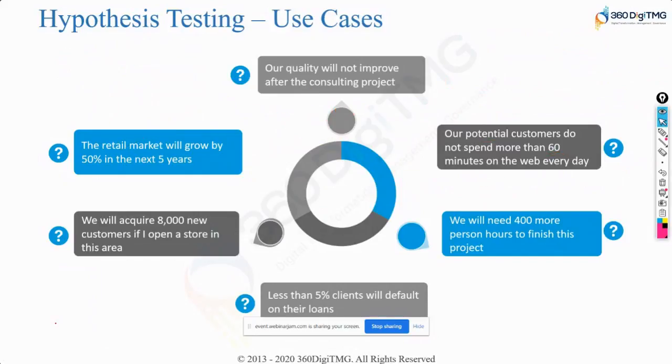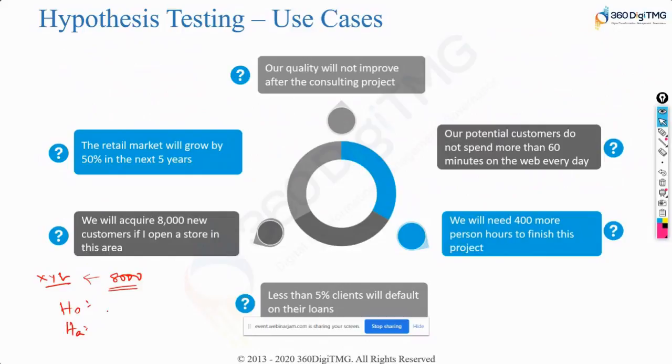Next example. We will acquire 8,000 new customers if I open a store in this area. Right? So there is a franchisee business and one of the franchisee personnel is saying, hey, we need to start a branch in XYZ location, and the brand value increases because we are going to get 8,000 more customers. So as a management personnel, you are again checking, is the statement true or not?